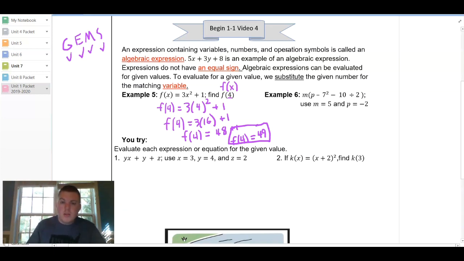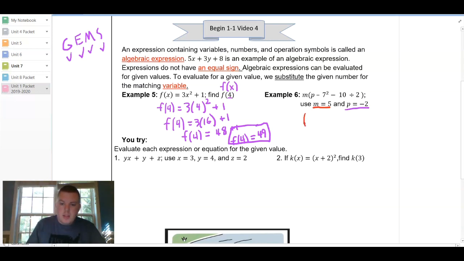So what we're going to do is everywhere we see an m, we are going to replace the m with a 5. And anywhere that we see a p, we're going to replace it with a negative 2. And again, anytime we're plugging in for variables, I really encourage you guys to put parentheses where you're plugging that in so that you can group signs together and make sure that you tell operations apart.